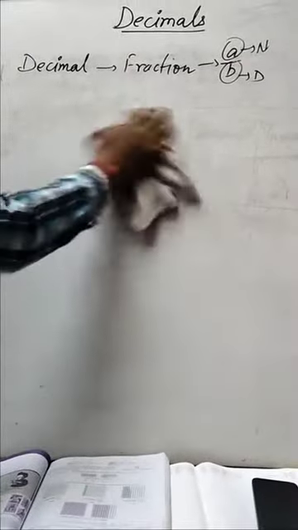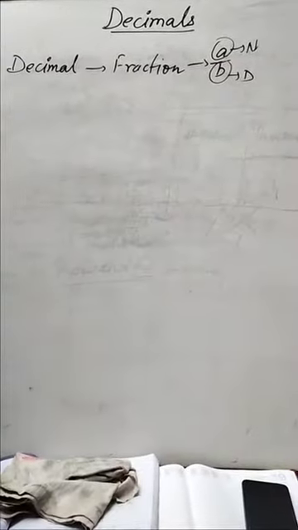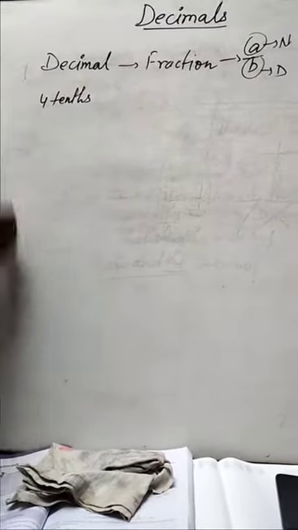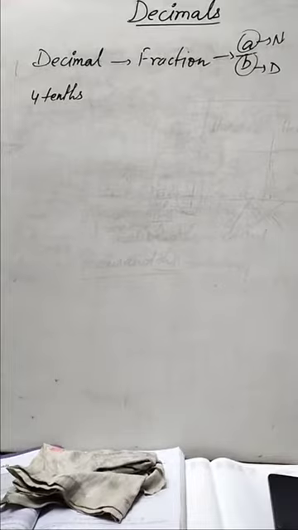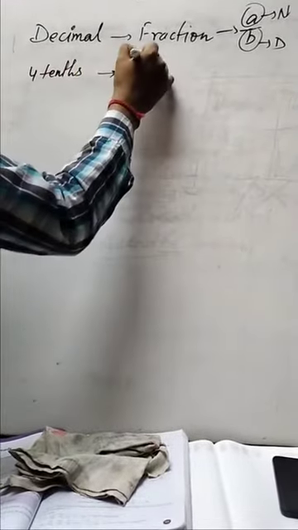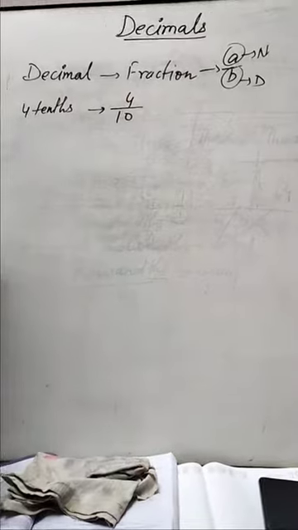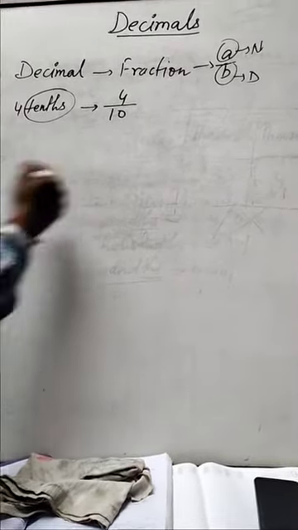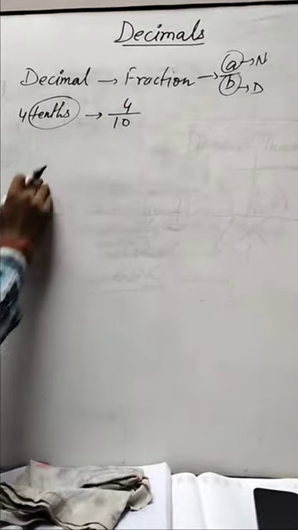Okay, next, if the number is written in the form of 4 tenths, you should know how we can write it. First you can convert it in this form, 4 upon 10. Tenth, you know, is 1 upon 10.